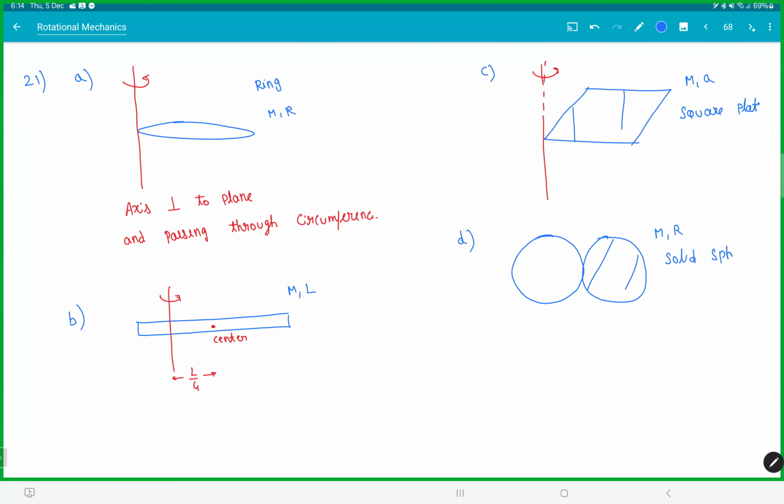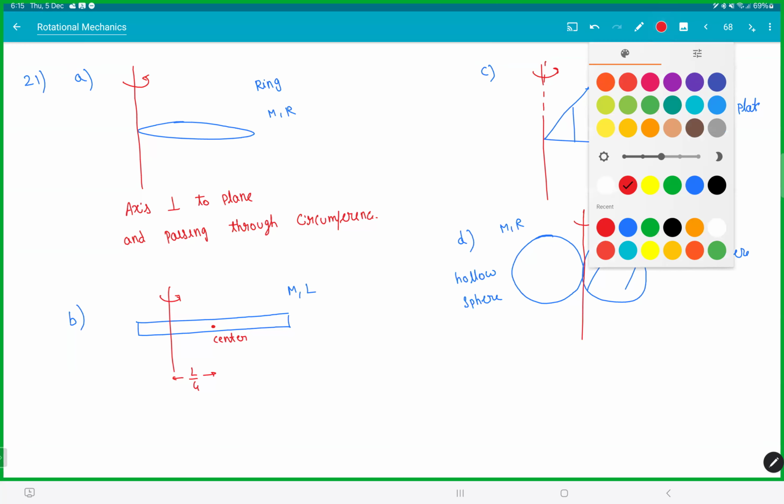MR solid sphere, MR hollow sphere. Moment of inertia about this axis.